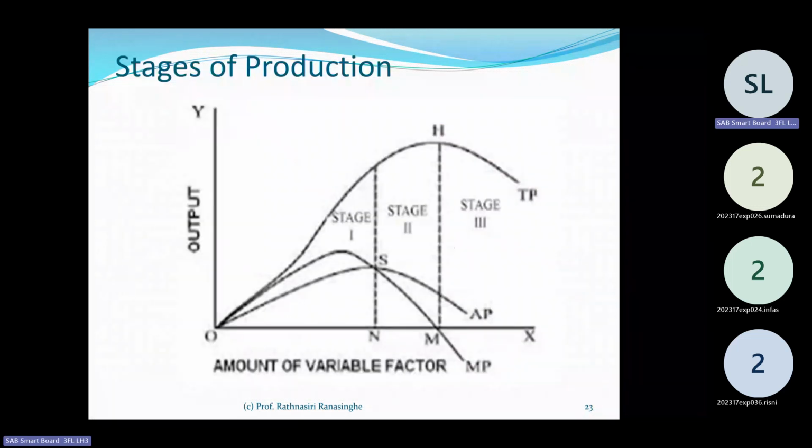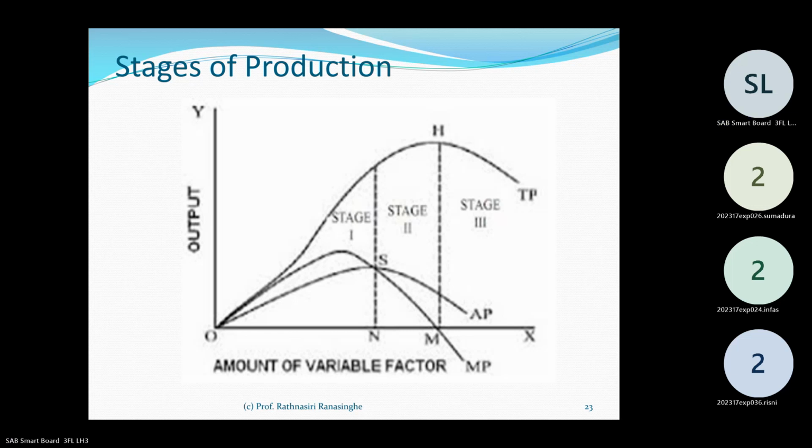So now where does the producer determine its output level? Rational producer, right? Now we can identify 3 stages in production.